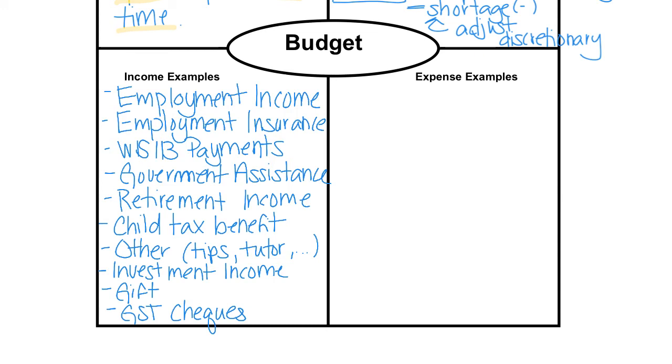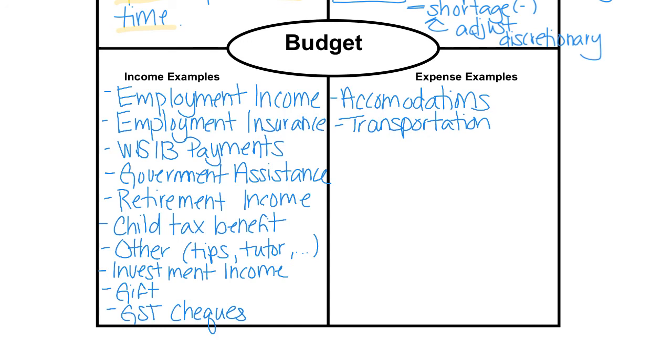So some expenses. The first big one that people pay for is accommodations. The next one is transportation. So again, accommodations, we would budget for our rent or our mortgage.